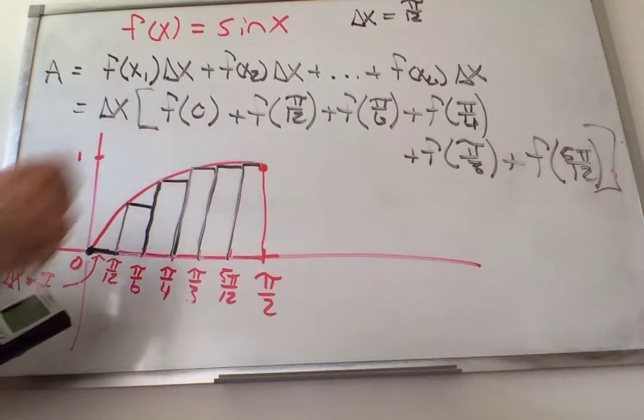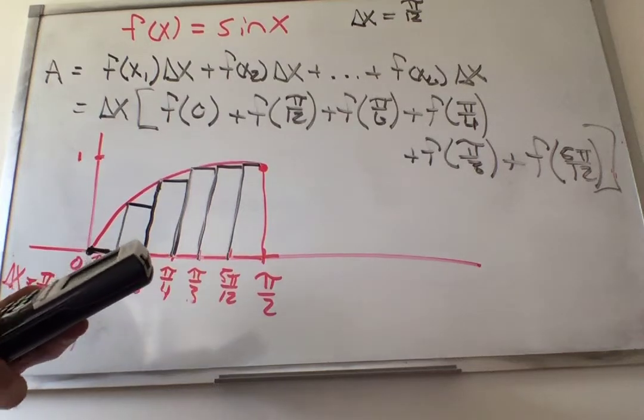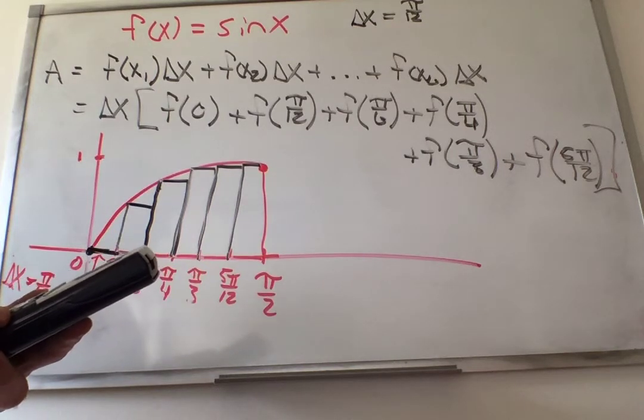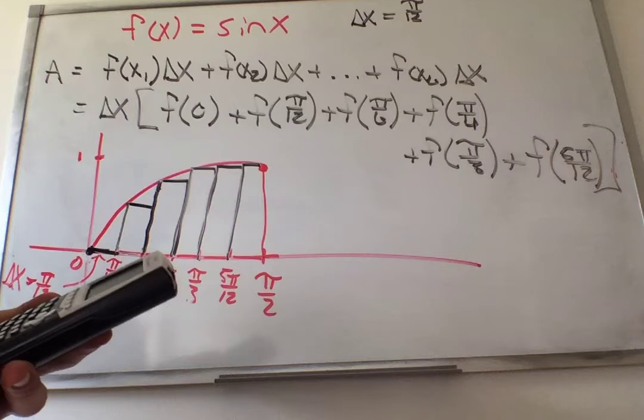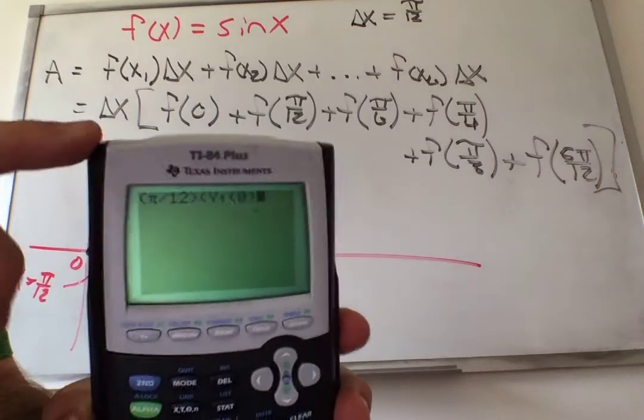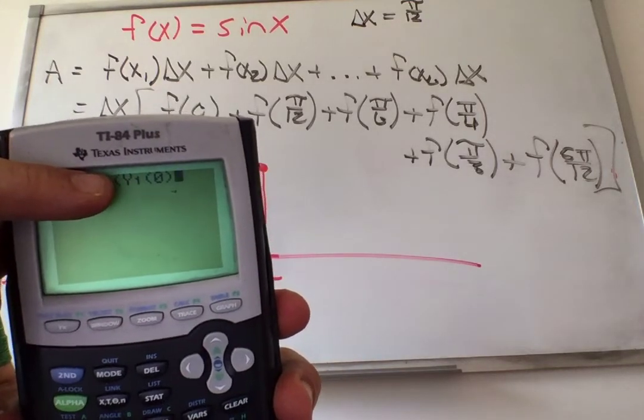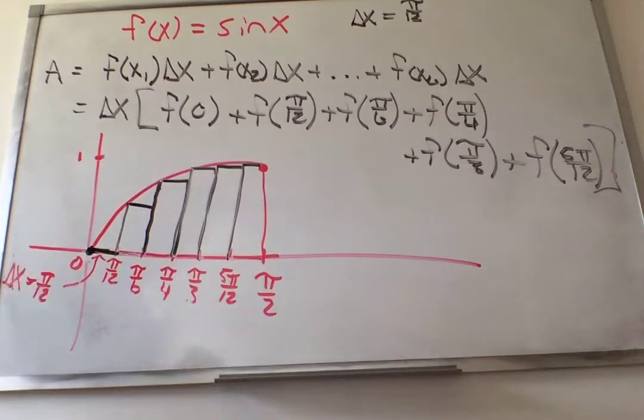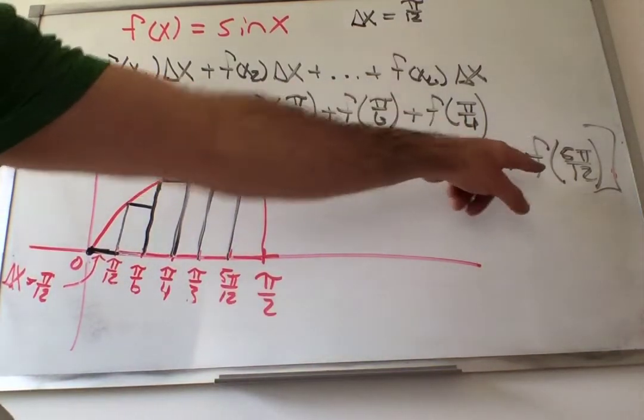And now f of 0. I can go to vars, y vars, function, y1 of 0. Just like that, y1 of 0. And then I'm going to do that for every single piece right there.